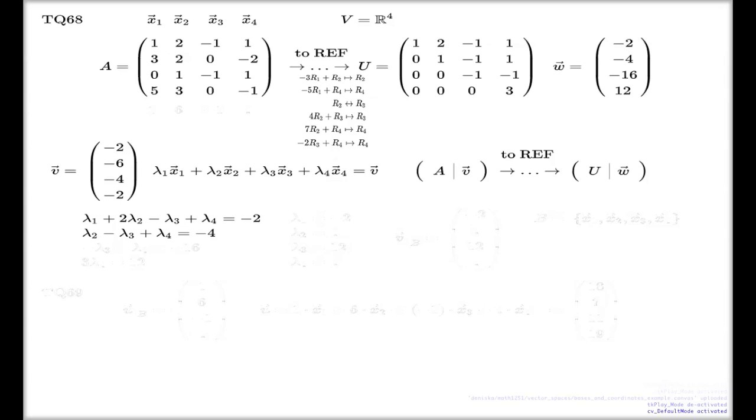So I'm doing my back substitution, using my row echelon form with the U matrix and the W vector like so, and I'm doing back substitution with my unknowns, lambdas. It's a second line, which comes from this row of my row echelon form. It's a third line from the third row in my row echelon form, and that's the last line.